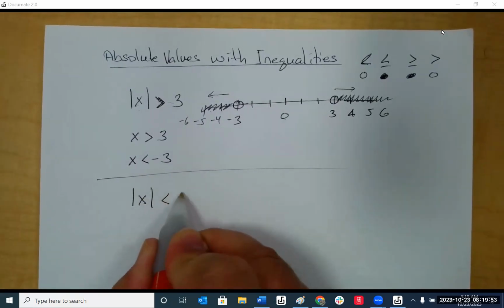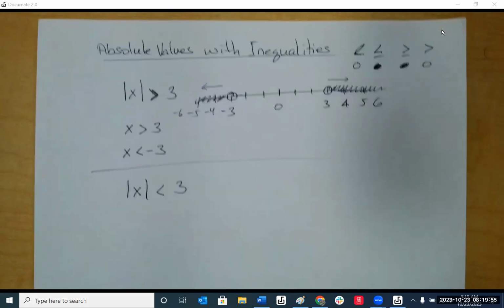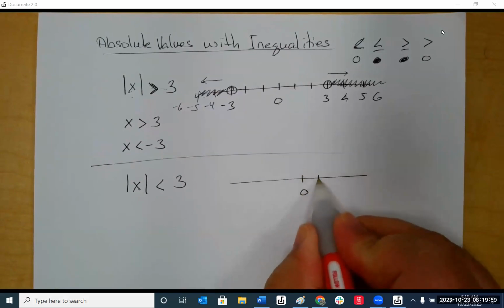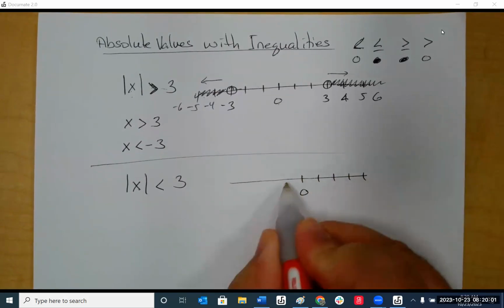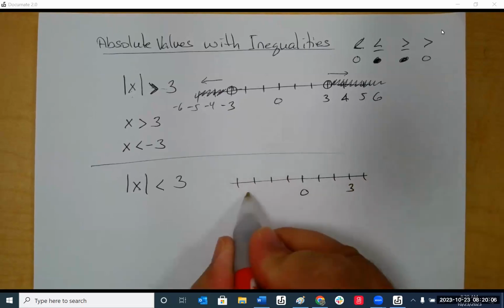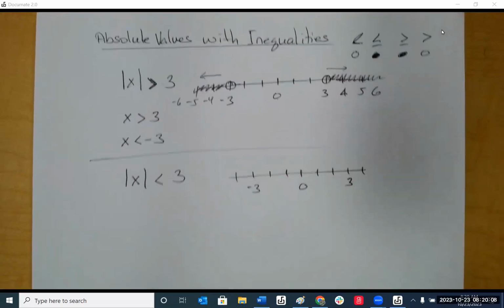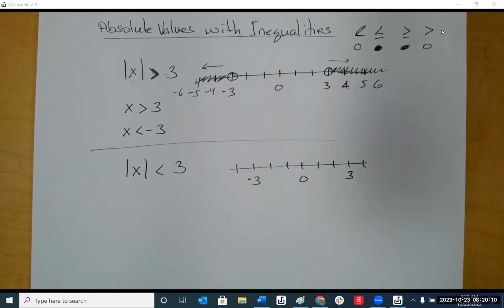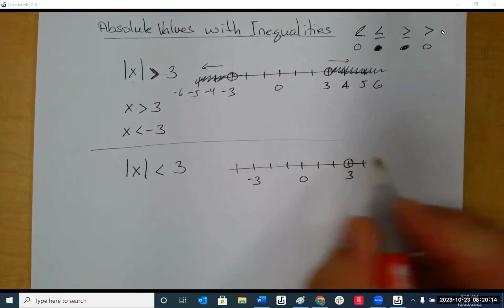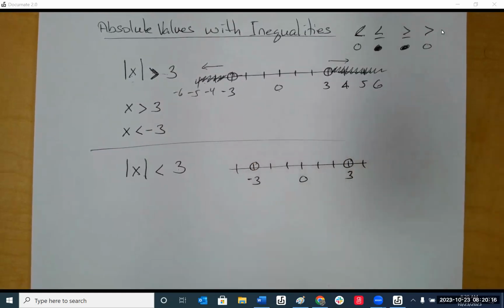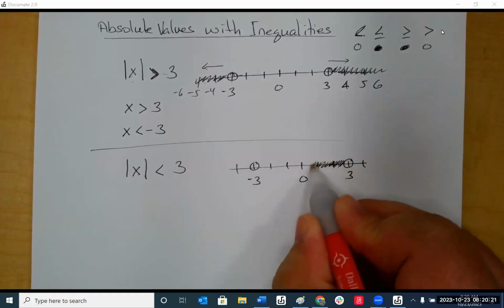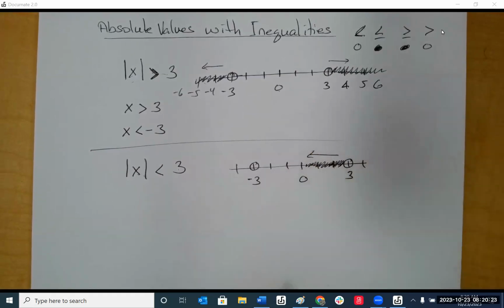If it's less than a number, since x and 3 are the numbers, it's an open circle there, open circle there. And if x is less than 3, that means it's going towards 0.